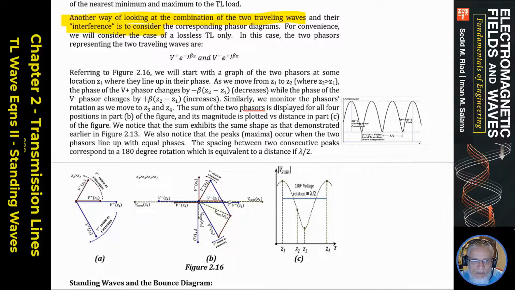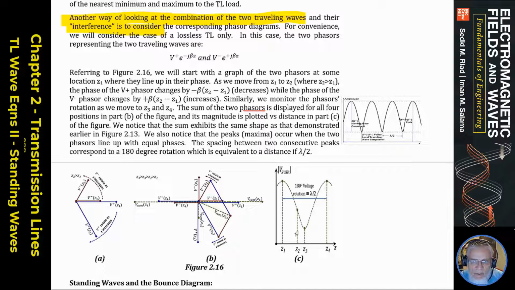They add up to a maximum right there. At the point Z3 right there, that would be the minimum. It would be the difference between this one and that one. And at point Z4, they will be both negatives, and they will add up to the same magnitude as the positive ones. So the diagram here for the voltage, you can see is going up and down, and there will be maxima and minima, maxima and minima, and so on and so forth.